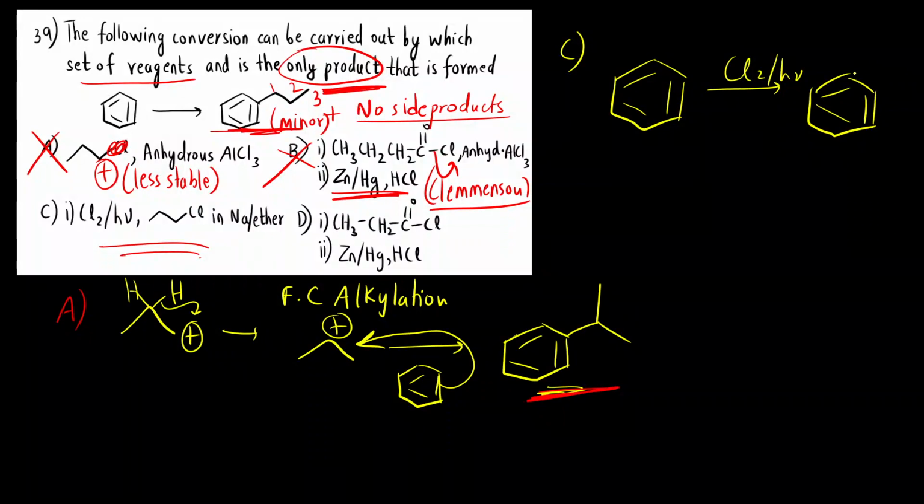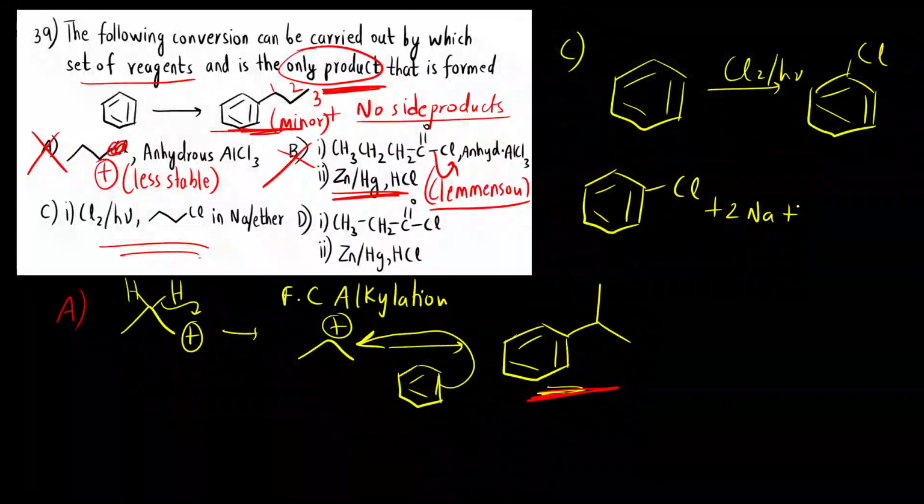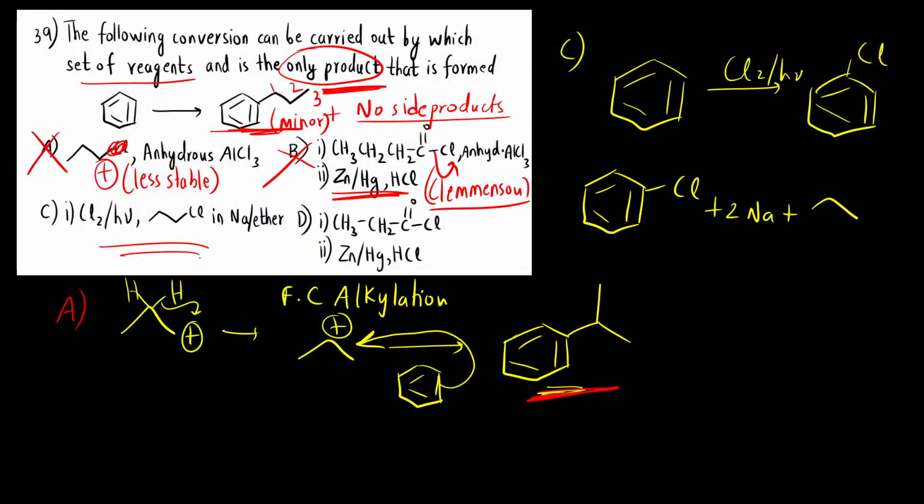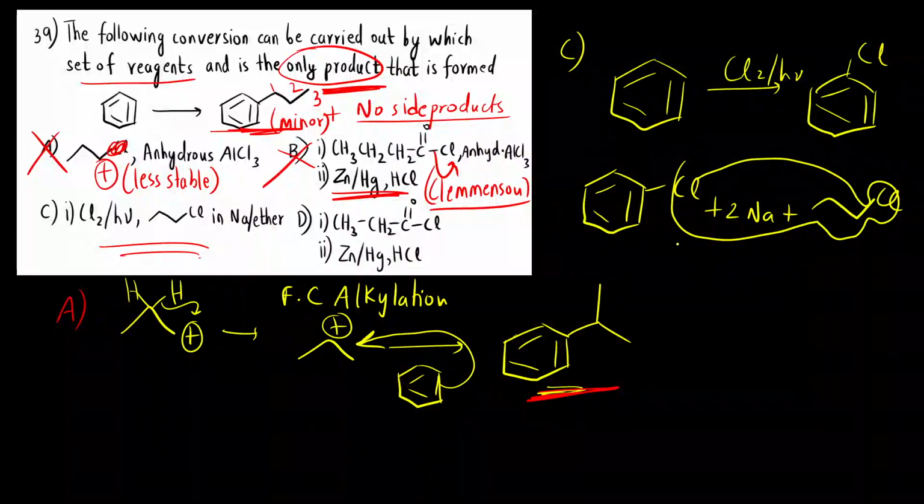It will form chlorobenzene. Then it reacts with 2 moles of Na and another is this one, Cl. So 2 moles of NaCl will be released, and what we will get? We will get this desired product.